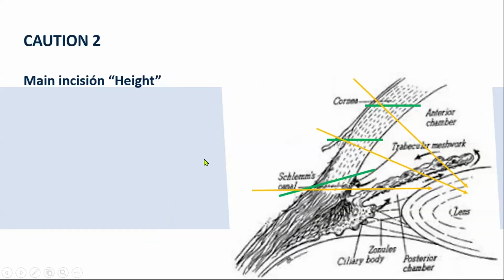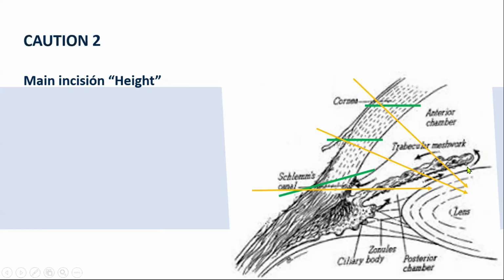Caution number two, you may find more difficulty for the implantation if the incision is in the anterior part of the cornea, like clear cornea, limbal, and sclerocorneal incision. The CTR is implanted through the main incision. So it depends where you do the main incision, the ease you will find to implant it.